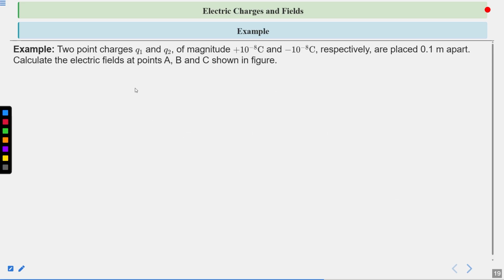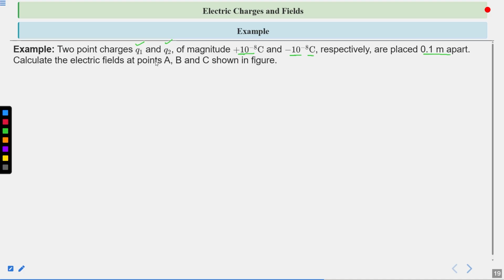Another example. Two point charges q1 and q2 of magnitude 10^-8 coulomb and -10^-8 coulomb respectively are placed 0.1 meter apart. The distance between the charges is 0.1 meter.